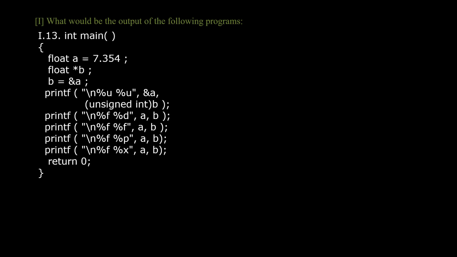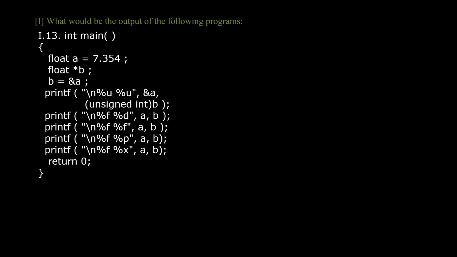And next one is %p. %p is used to print the address of a variable. So b is holding the address of a. So %p will print the address, and usually %p will print the address in 8 bytes.